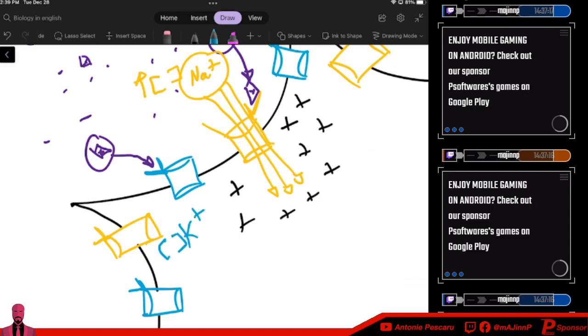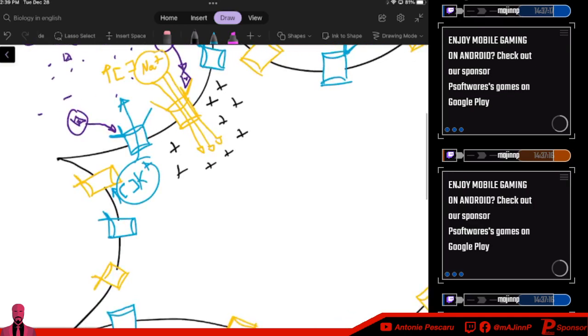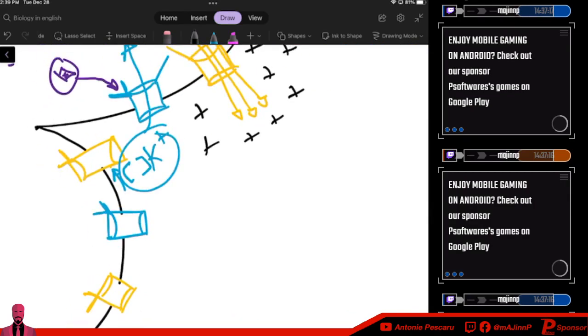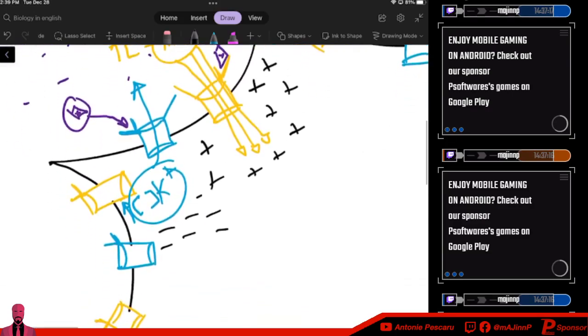There's a high concentration of potassium inside of the neuron. And when this channel opens its gate, you see it just opened its gate, the potassium will leave the cell. And when positivity leaves the cell, what does that do to the cell? It makes it more negative, right?